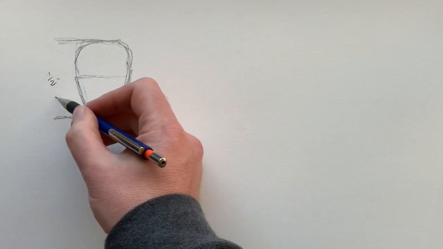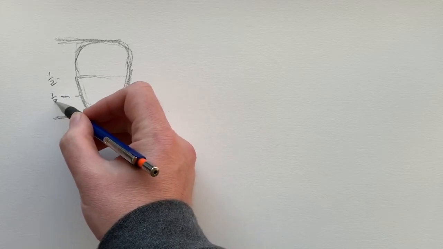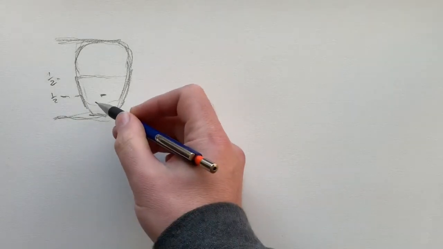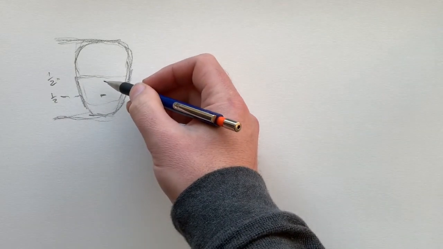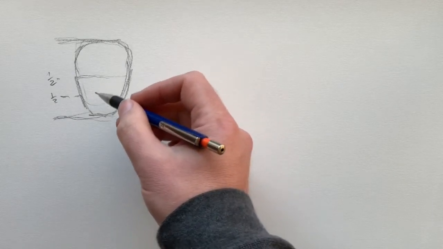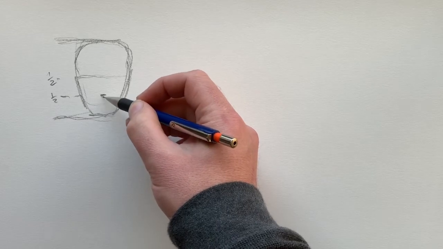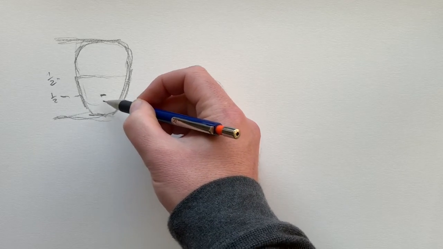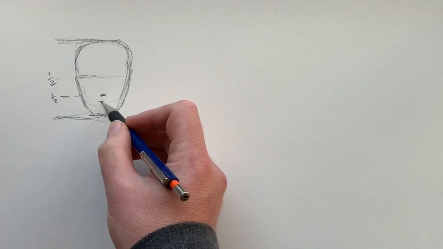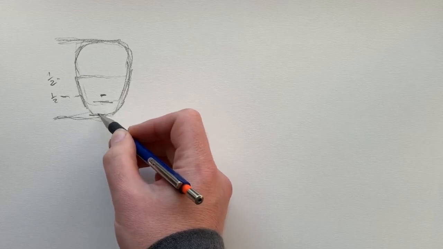Halfway between the brow line and the chin barrel is the bottom of the nose, that position there. As always with the face, there is an element of the golden section that we have to be aware of. The first one in these horizontals is the position between the bottom of the nose and the chin barrel, which is the position of the mouth, on the golden section between the bottom of the nose and the chin barrel.